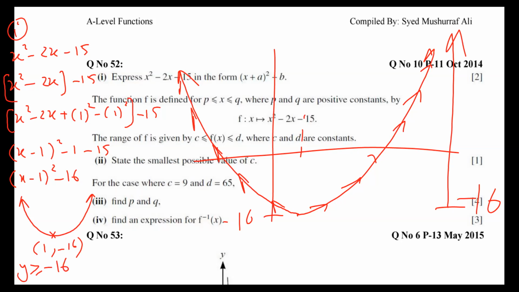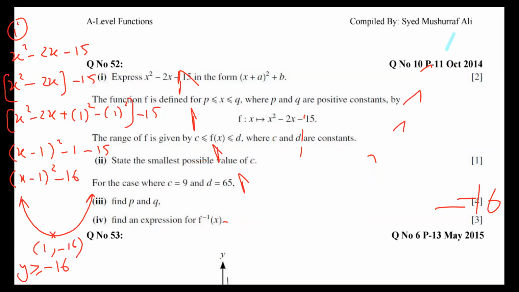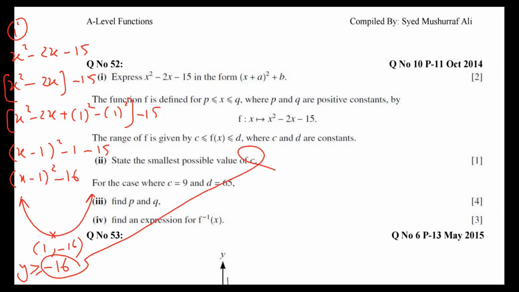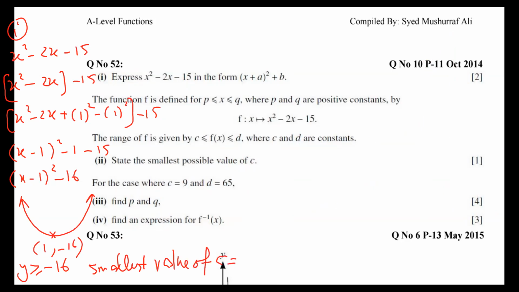So he was asking, give me the least value. The graph is going upward without any restriction, but the lowest value of y is minus 16. So this is called the least value of C. So the smallest value of C is equal to minus 16.